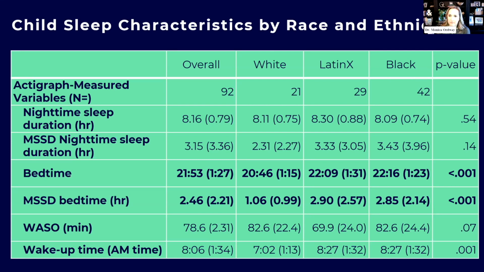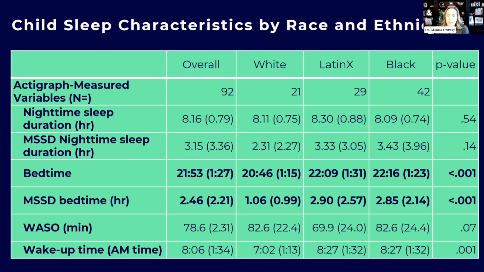21:53, and we saw a significant race and ethnicity difference, where white children were going to bed before 9 o'clock, and we were seeing after 10 o'clock p.m. for Black and Latinx families. We also saw a high level of variability.